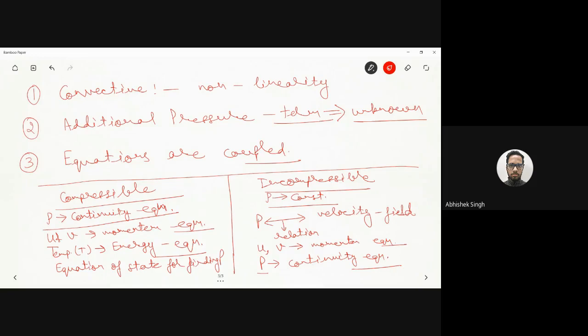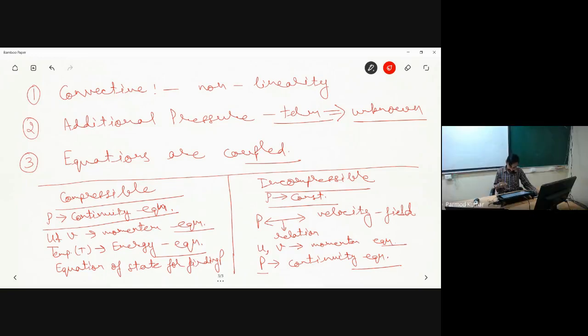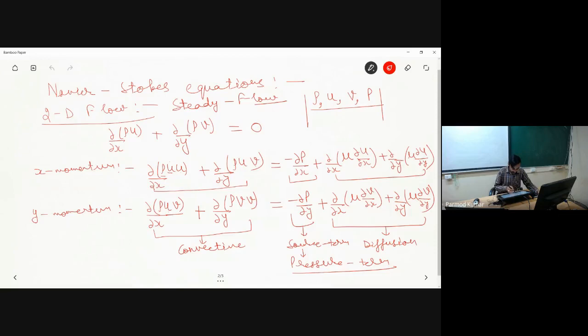Yes, sir. Okay, so now let us go into a little more detail. I will now convert these equations. The equations I have written are in the generalized form, so they are applicable for both compressible as well as incompressible situations. Now I will take the assumption that density is constant.